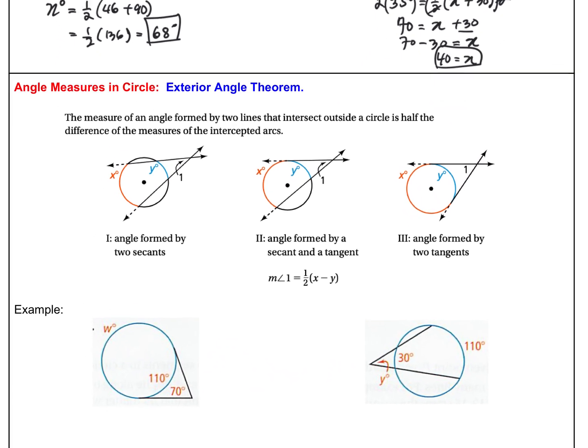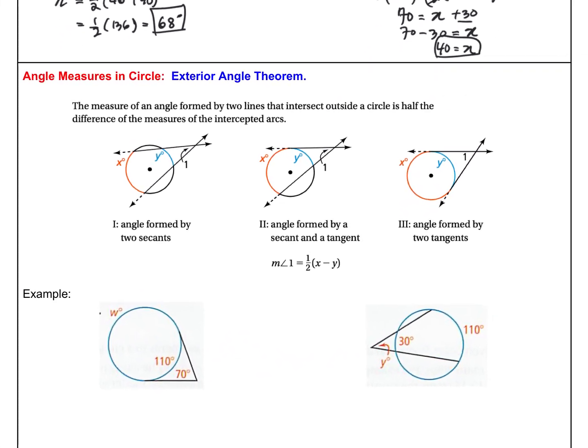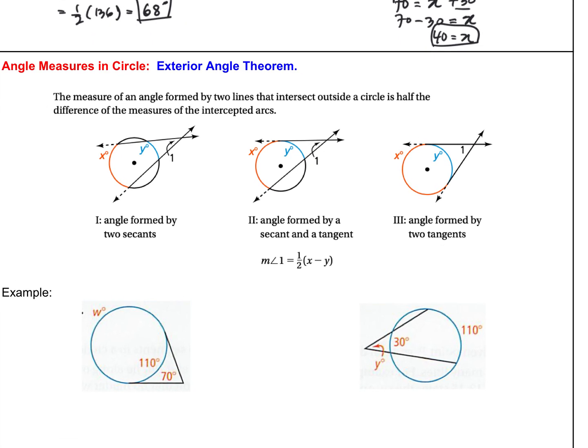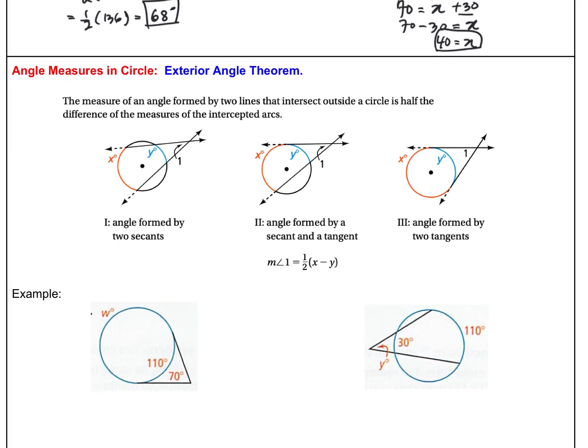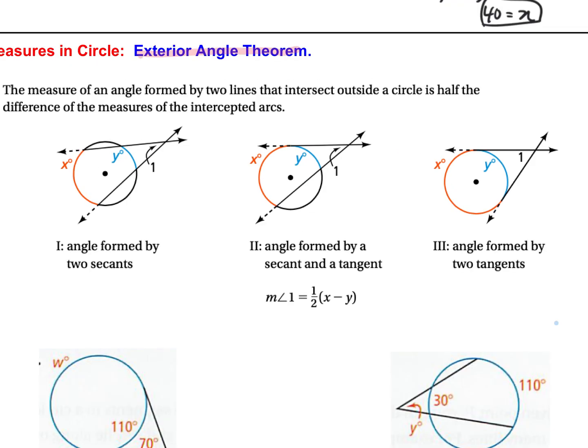Okay, let's go to the next one. This time, let's look at the exterior angle theorem. Earlier we looked at the interior. This time, we're going to be looking at the exterior, meaning the outside part. So here the measure of an angle formed by two lines that intersect outside the circle is half the difference of the measures of the intercepted arcs.